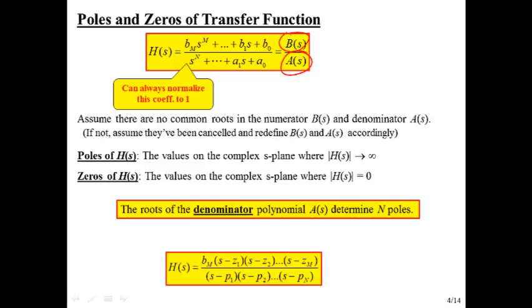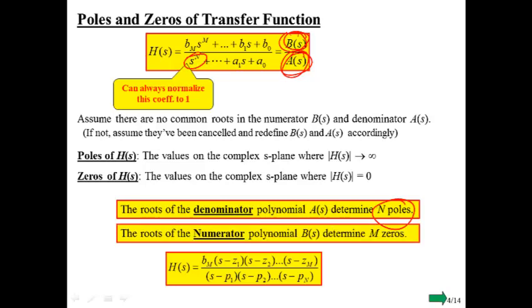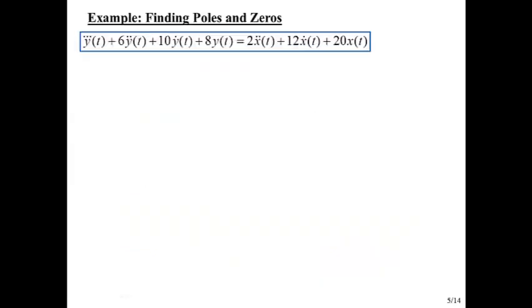So from that, we can take this numerator and denominator and factor them into their different factors by finding the roots of those two polynomials. The roots of the denominator polynomial determine the poles, and if we have an nth order polynomial, we'll have n poles, and the roots of the numerator polynomial determine the m zeros. This is very much like the discrete time case.